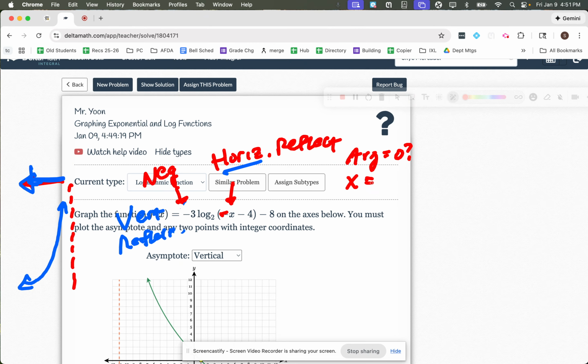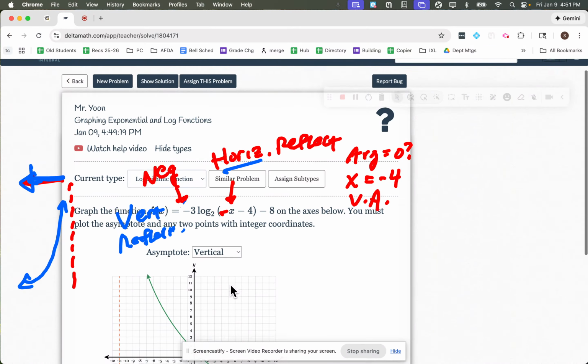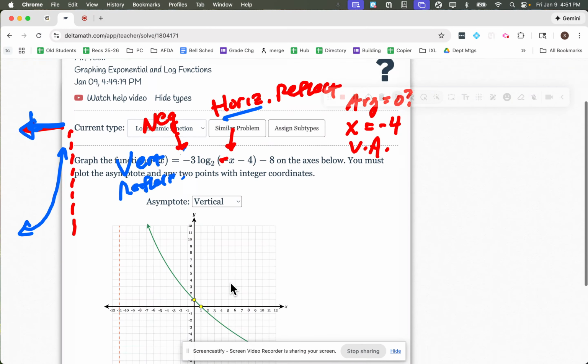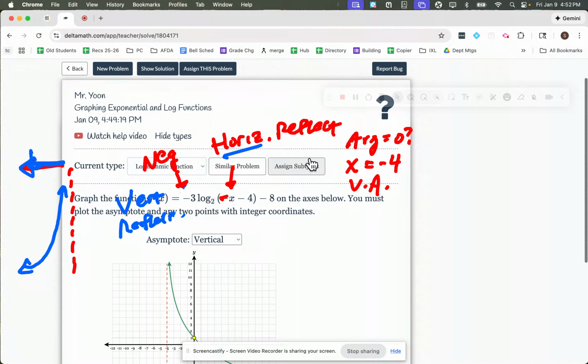I think we need that x to be negative 4, so that negative x is positive 4, minus 4 equals 0. Okay? This is our VA.